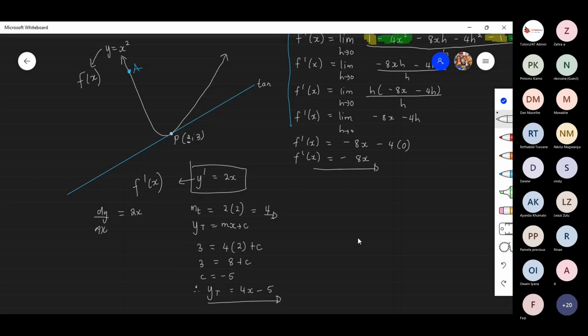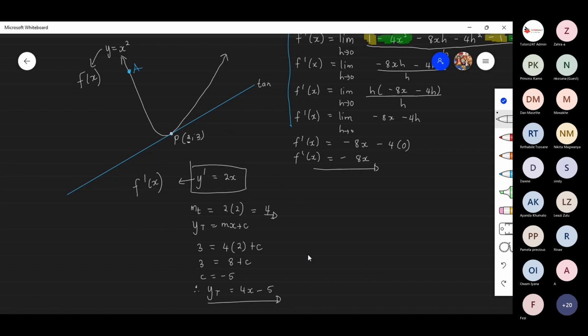You can write it in whatever notation you feel comfortable with. So it is not always y prime equals 2x. Depending on the function that you are given, you will use the appropriate derivative by finding it.